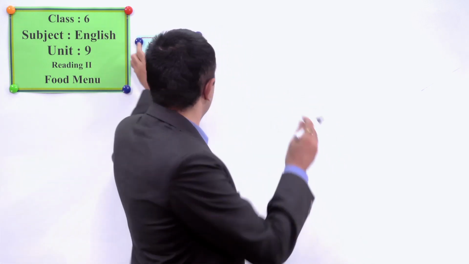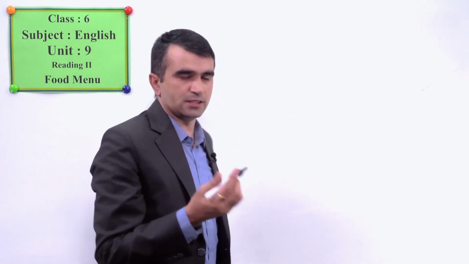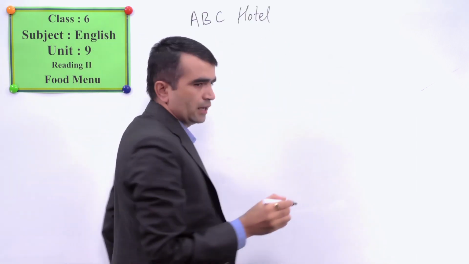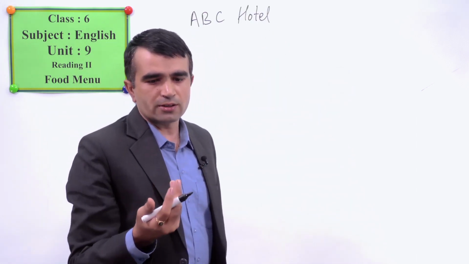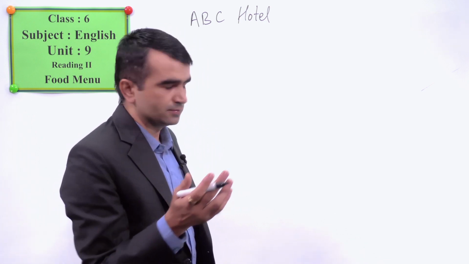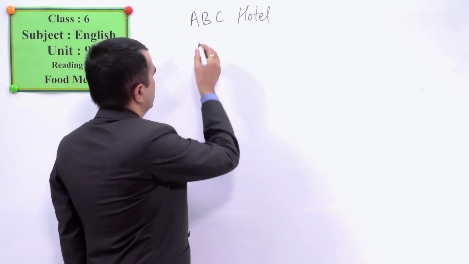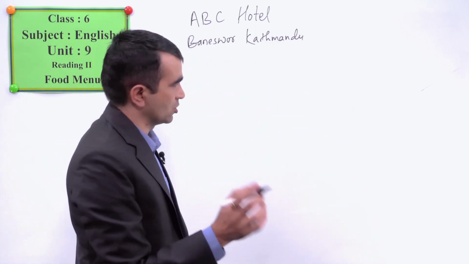Suppose the name of the hotel is ABC Hotel. Let's write ABC Hotel. Well, you can also write its address, for example, New Road, Kathmandu or Baneswar, Kathmandu. Suppose you write it on the top.